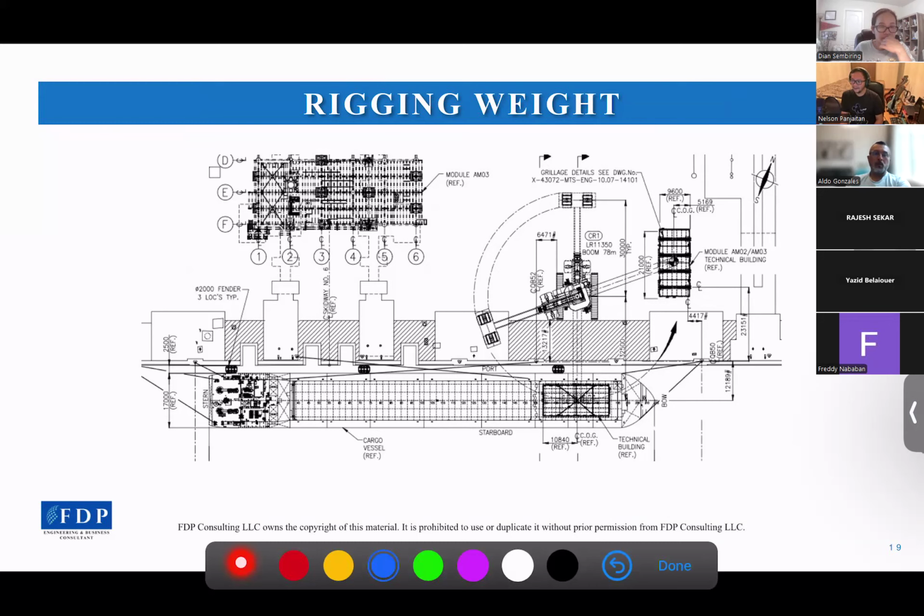Now we have 4 points, so it's clear how Nelson explained. Yes, correct. It's only for clarification, because maybe there is some confusion with our colleagues. This calculation is only to see how much each crane is lifting at each lifting point.